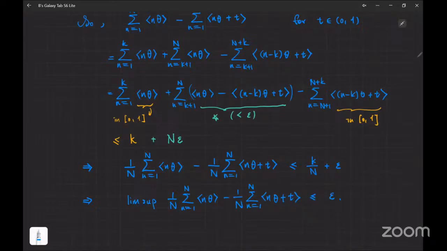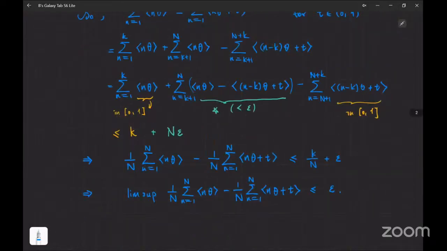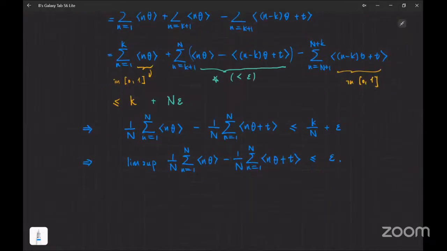And what we're about to do is show the lim inf goes the other way around. So if we can show that the lim inf is greater than negative epsilon, and epsilon is arbitrary, then we show that the limit is actually 0.